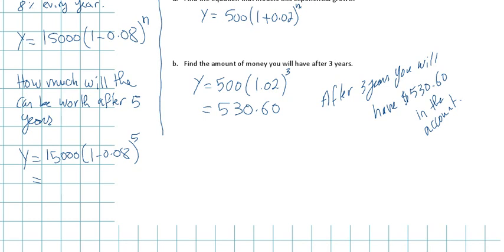So enter it exactly the way it looks, and use your calculator. It's 9,886.22. After 5 years, this is how much your car will be worth.